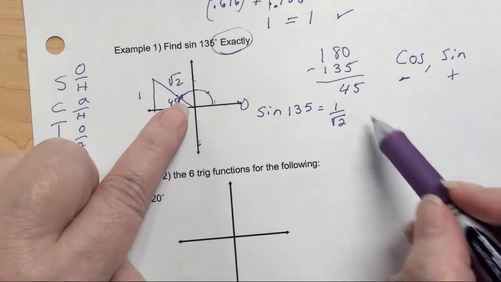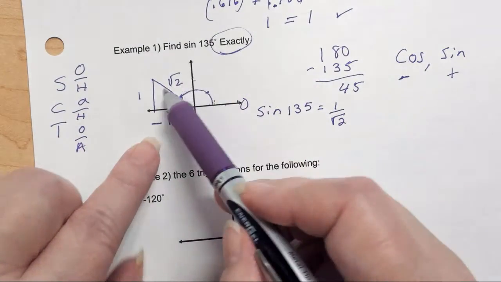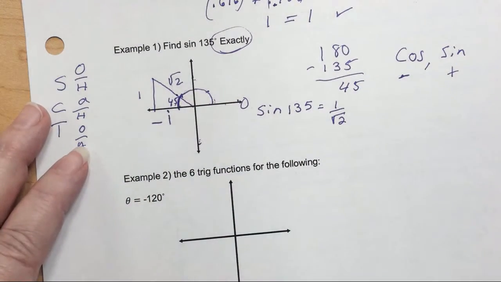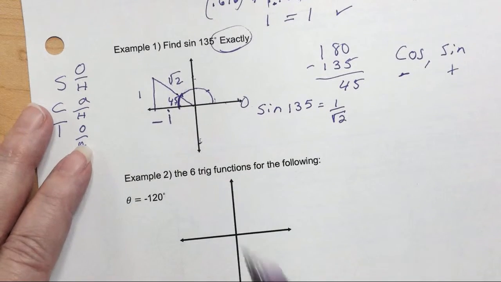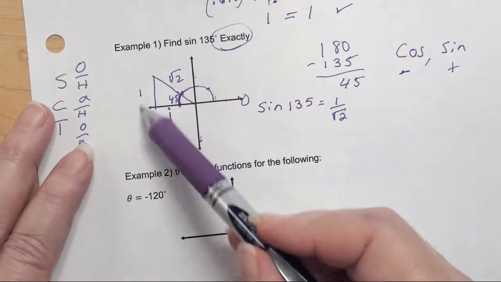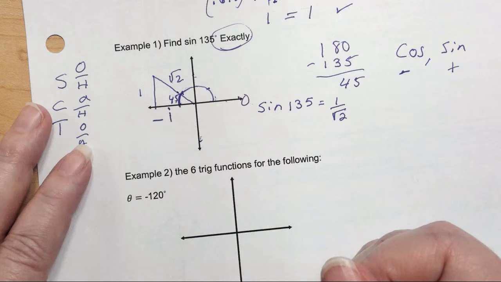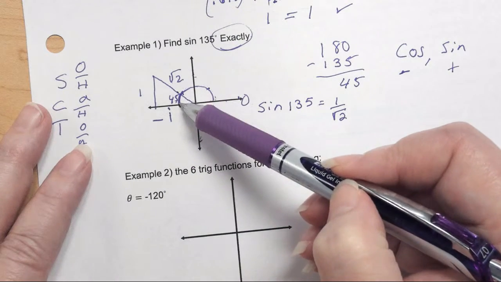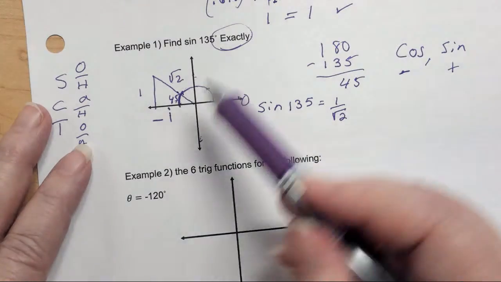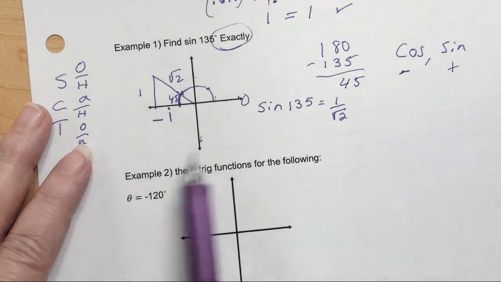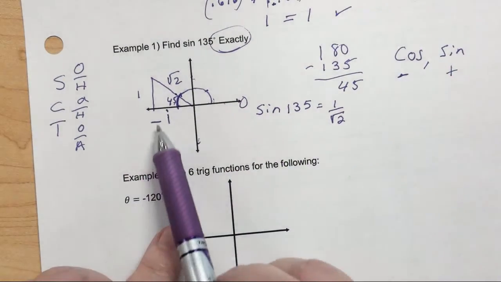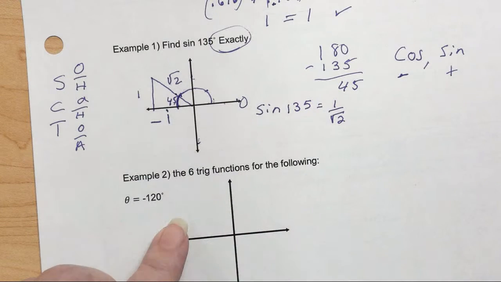To find the sine or cosine, we have to use what are called reference triangles. This right here is our reference angle, which is the 45. What makes it different is that we have to figure out what is positive and what's negative.